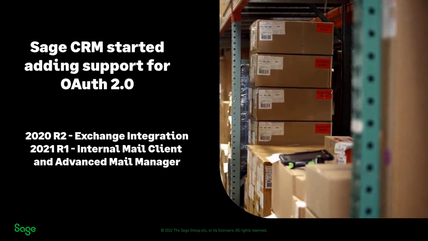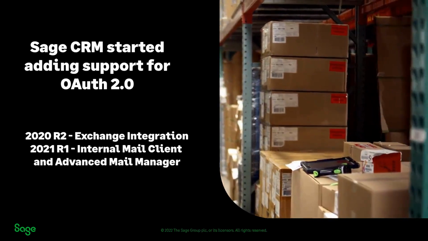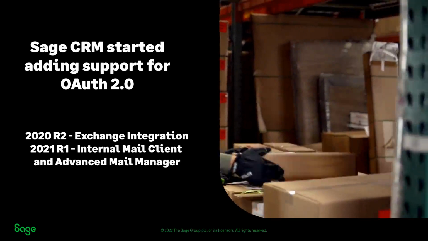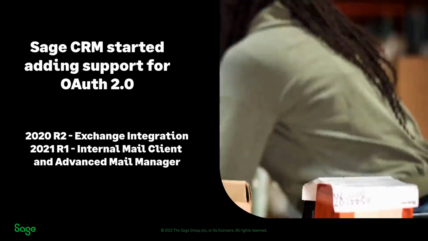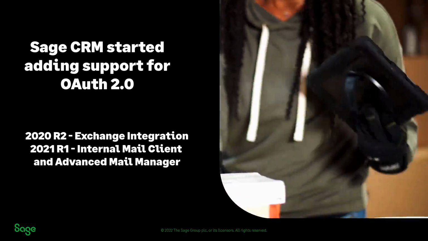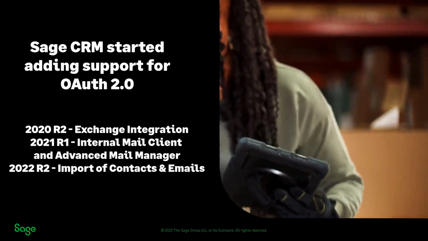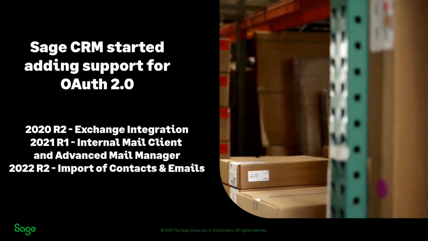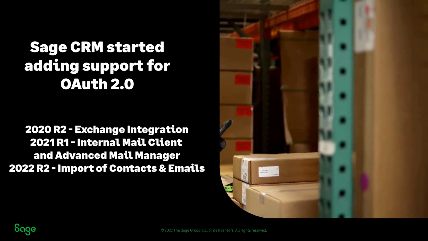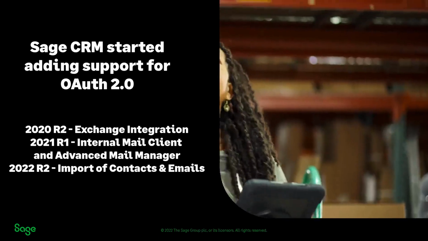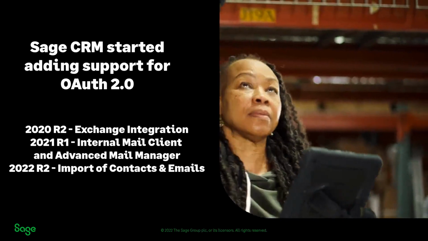We then added support for OAuth 2 in 2021 R1 for the internal mail manager and the advanced email manager. And as we've replaced the Outlook and Classic Lite plugins, we've added support in 2022 R2 for import of contacts and emails.